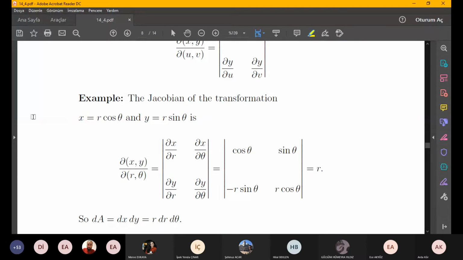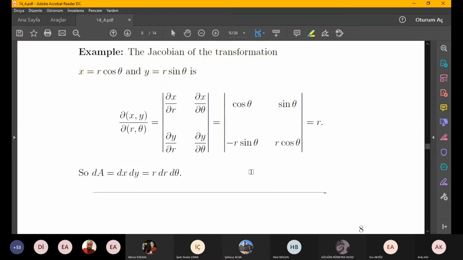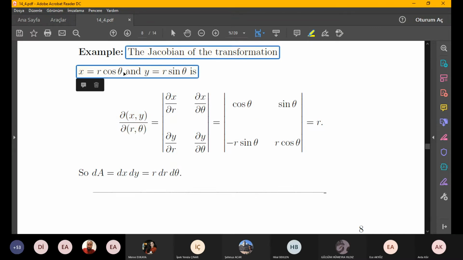Okay, let's see if we already computed the dA in polar coordinates in the right way. So if we check also by using the Jacobian determinant, that means we have to compute the Jacobian determinant of this transformation.